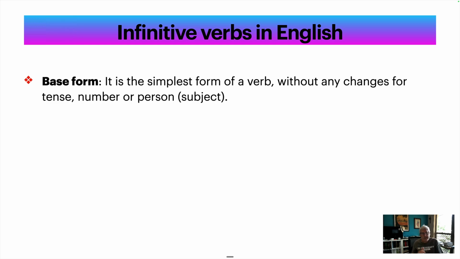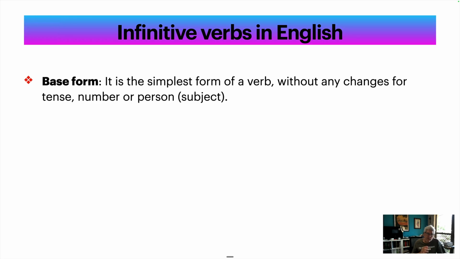So as always, we start with the English side of it, so that if we can understand how these forms function in our own language, that might help us make more sense of how they're functioning in Hebrew or Greek. So let's look at the infinitive first.